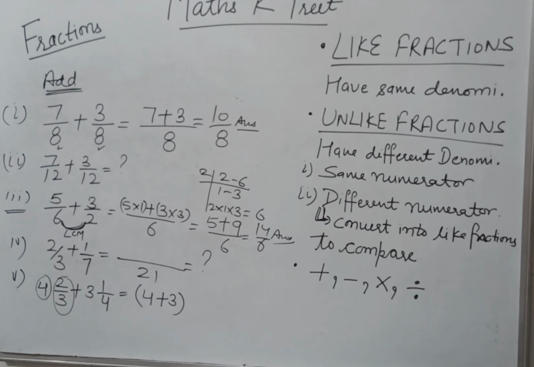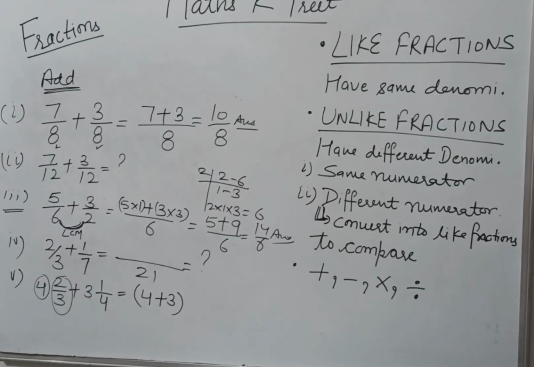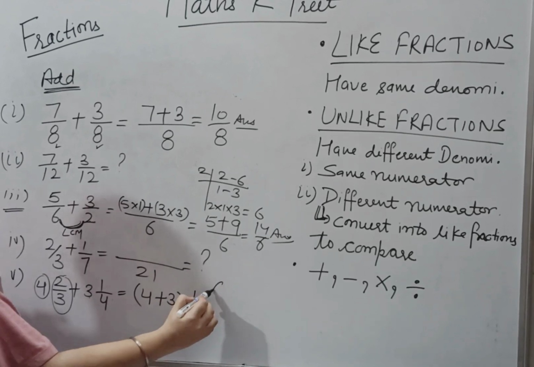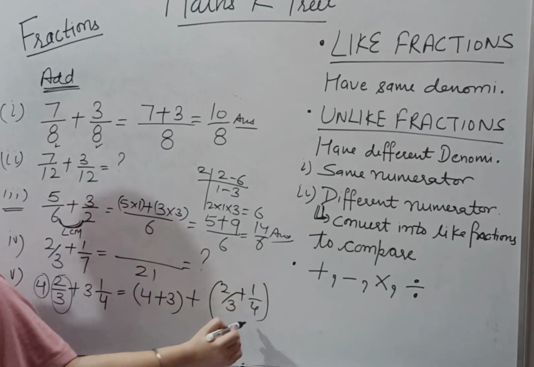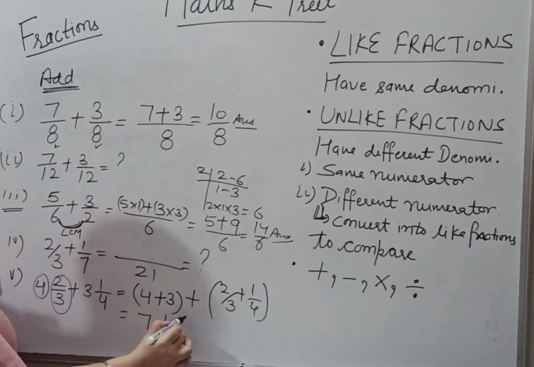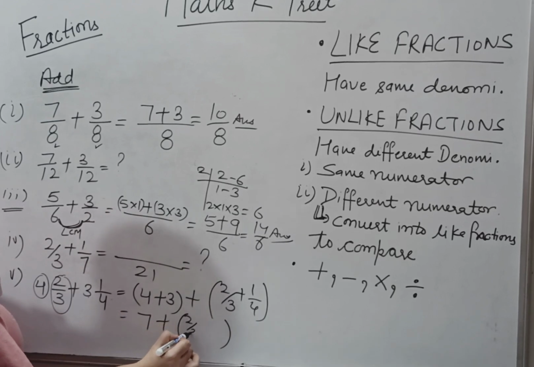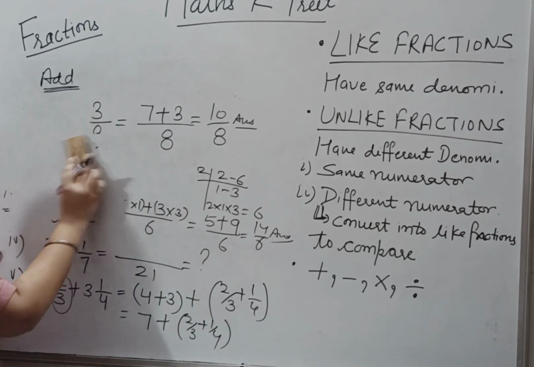So we will take 4 plus 3 first, then we will put the sign of addition again, and we will add these two parts. These wholes are 7 plus the addition of 2 by 3 plus 1 by 4. Let me complete the solution for this one.